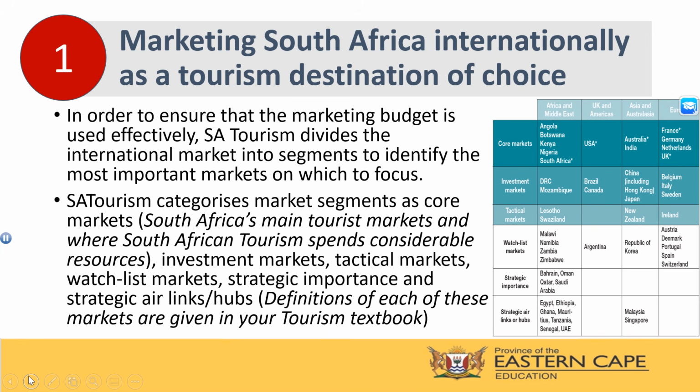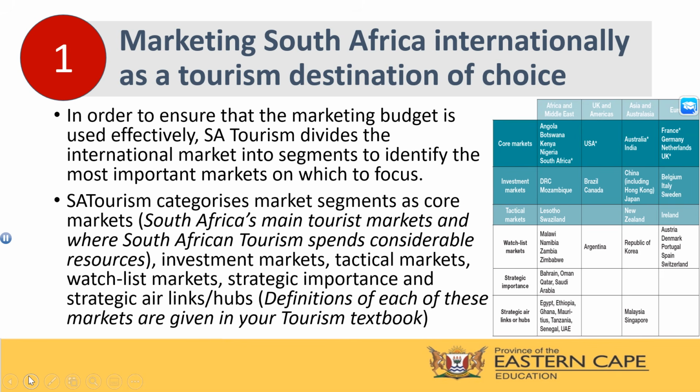And you will see that South African tourism categorizes market segments as a variety of segments. What we have on the screen at the moment is core segments or core markets. We also have investment markets, tactical markets, watch list markets, strategic importance, as well as strategic air links or hubs. Now, grade 12, I'm not going to spend a tremendous amount of time looking at each one of these definitions of the different type of markets.